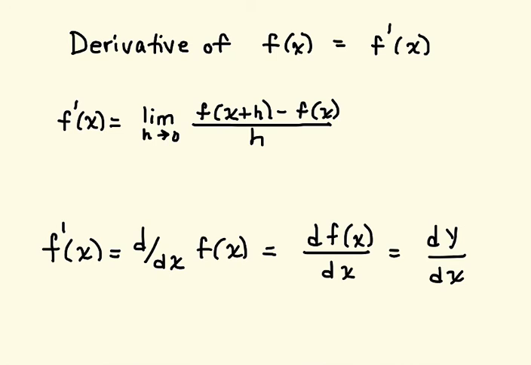But the key thing to get from this, and I just wanted you to be able to recognize it when you're asked for the derivative, is that the definition of the derivative is the limit as h goes to 0 of the difference quotient, and it represents the instantaneous rate of change of a function.